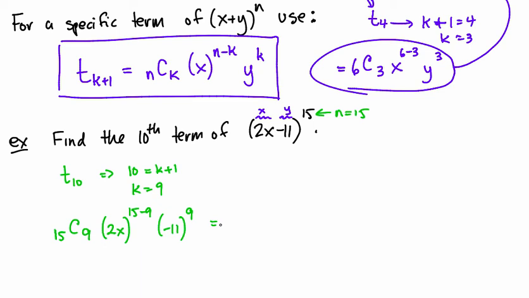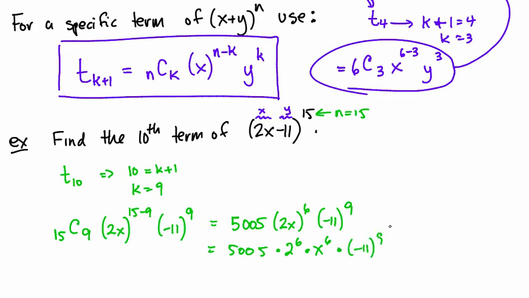Now this is going to turn out to be some really big numbers here. 15 choose 9 is 5005. And then I've got 2x to the power of 6 and negative 11 to the power of 9 still to worry about. So this is times 2 to the 6 times x to the 6th, and still times negative 11 to the power of 9.